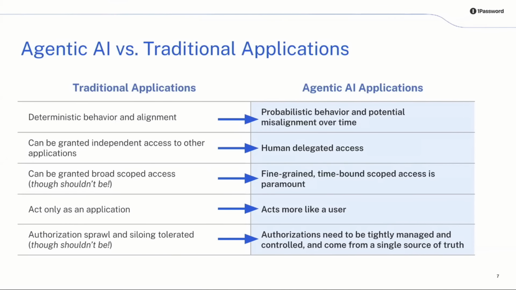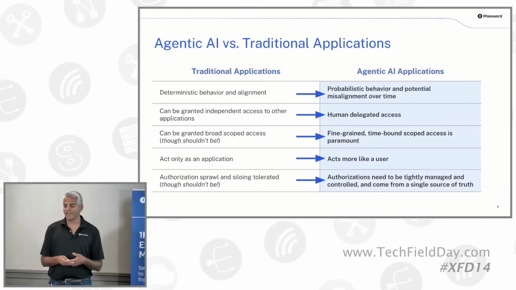We wrote them. We know exactly how they're going to behave. Agentic AI, on the other hand, is probabilistic. And you have this misalignment problem over time, right? Where maybe for the first 10 minutes, the agentic AI is doing exactly what you intended, and then minute 11 comes along, it goes off the rails. That can happen with agentic AI.